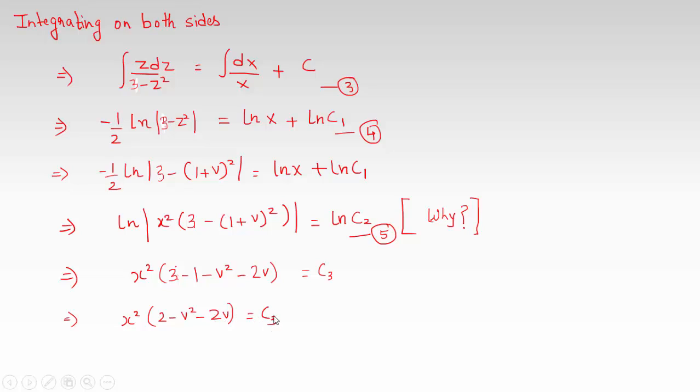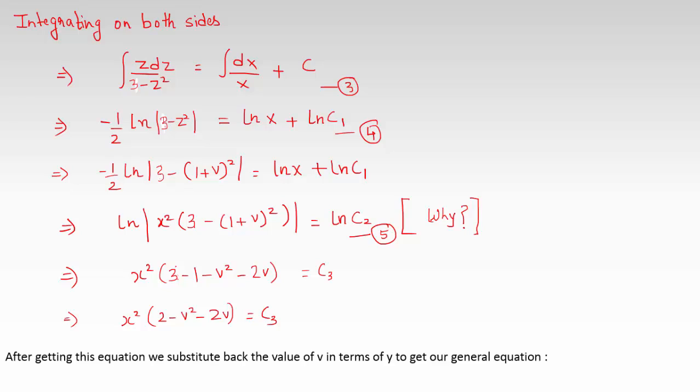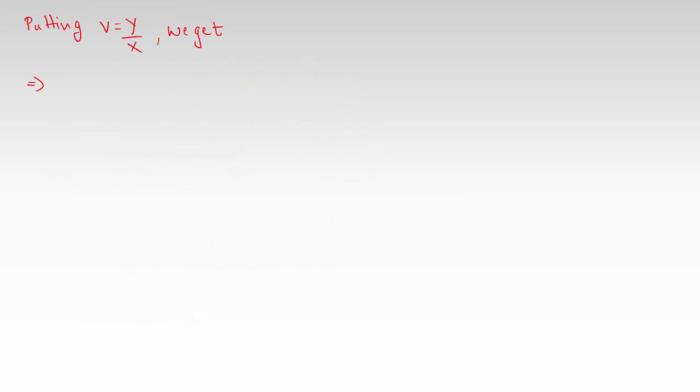Now what we have done here is just integrated and cancelled the log on both sides to get our general equation. After getting this equation, we substitute back the value of v in terms of y. How do we do that? We put simply v equals y by x.